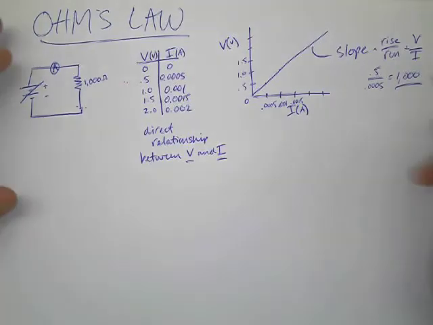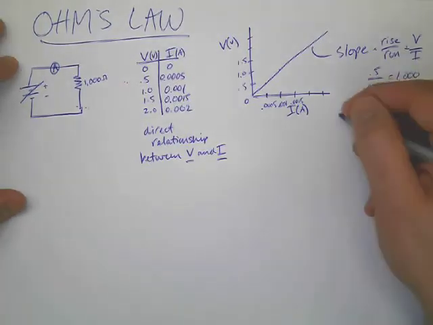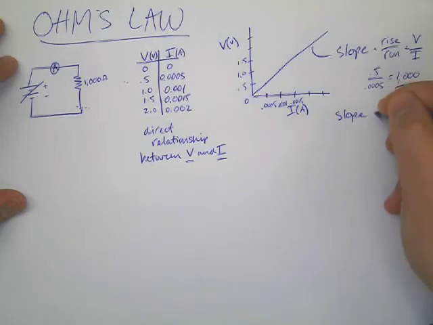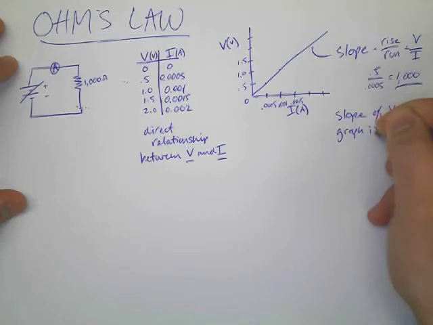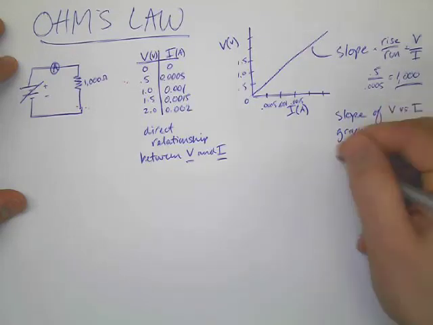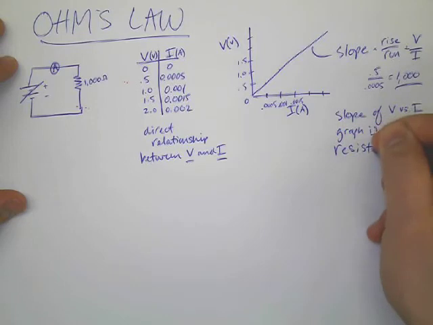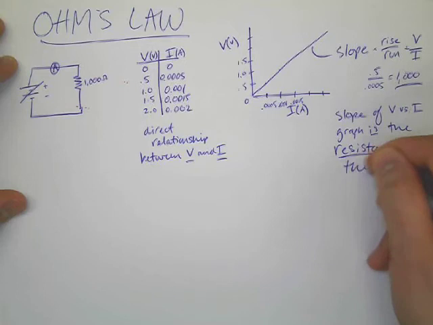So that makes some connection. This slope of the V versus I graph is the resistance of the circuit.